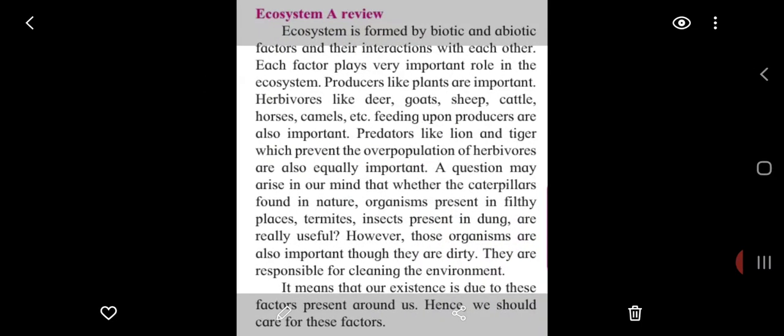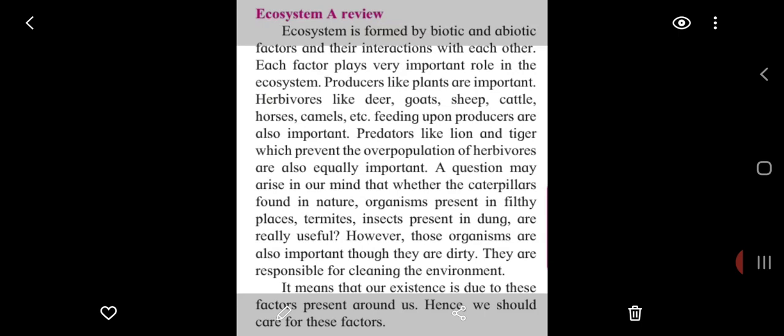Dear students, what is ecosystem? Ecosystem is formed by biotic and abiotic factors and their interactions with each other. Each factor plays a very important role in the ecosystem. Producers like plants are important.